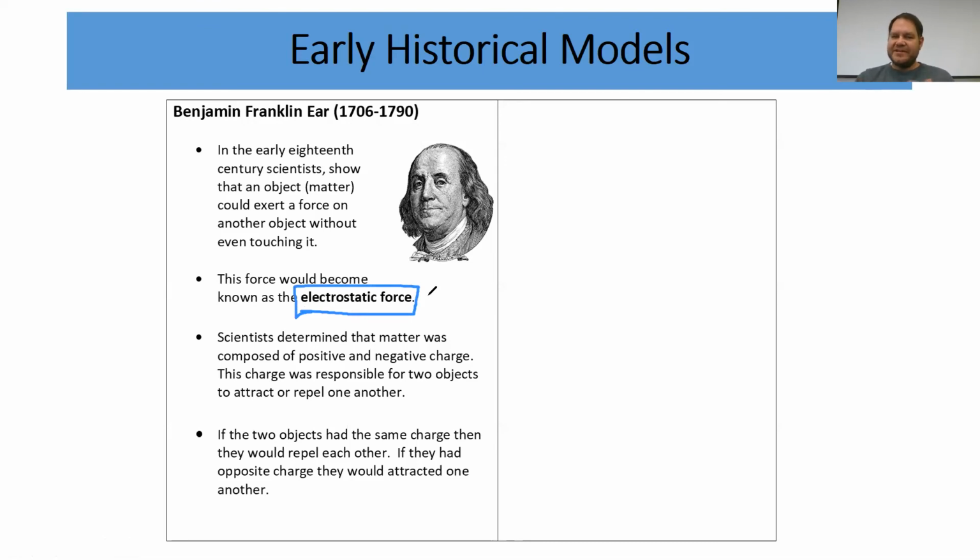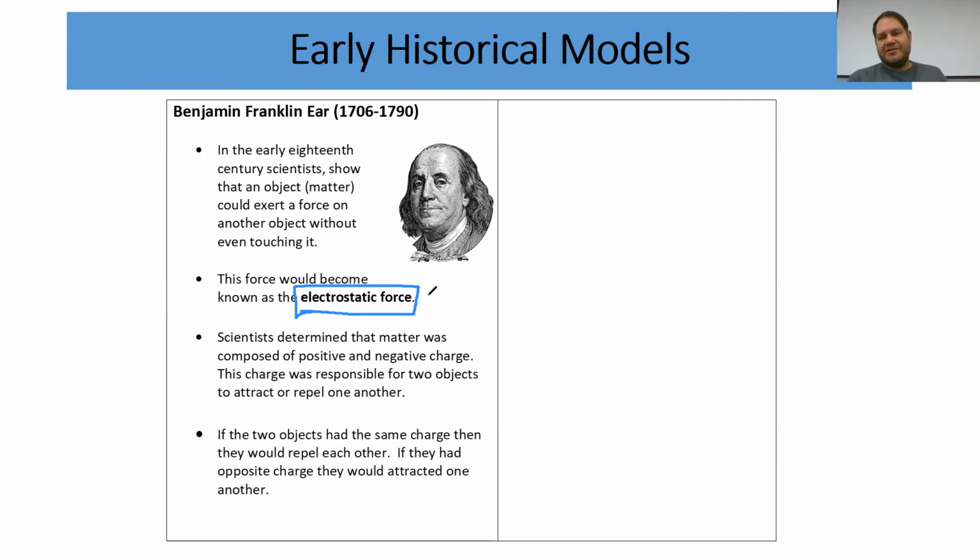Again, by today's standards, we could define an electrostatic force as follows: two materials that have opposite charges, positive and negative, attract one another, whereas two materials that have the same charge repel one another, and they do not have to even come in contact with one another to repel or attract, okay?